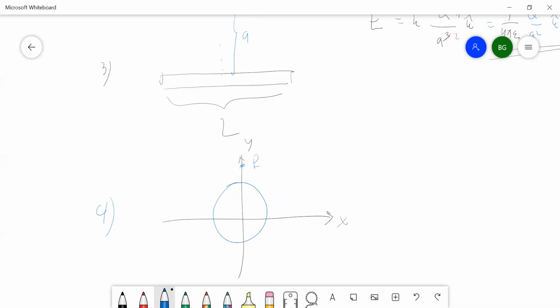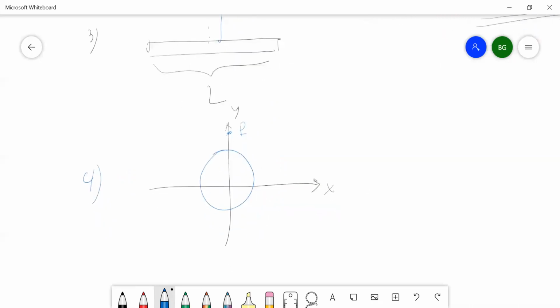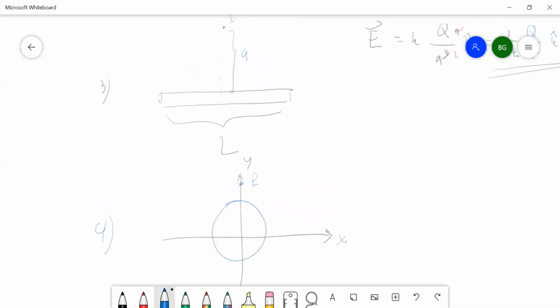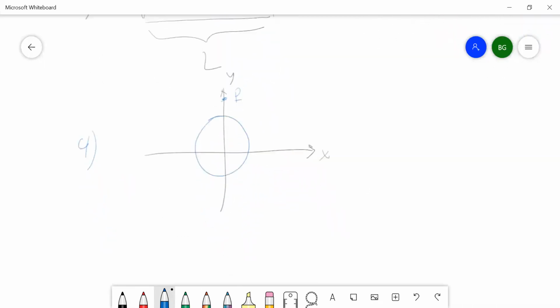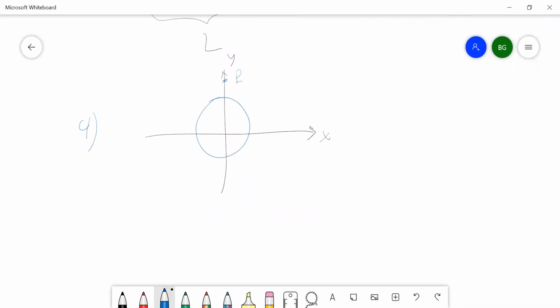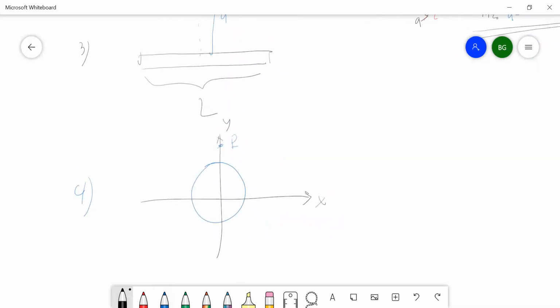So I will leave it maybe until Friday next week, not this Friday. So you have to think about it, and we will discuss, if you have a question, how to derive the electric field on the XY plane.